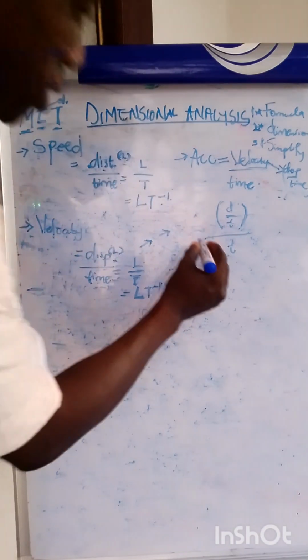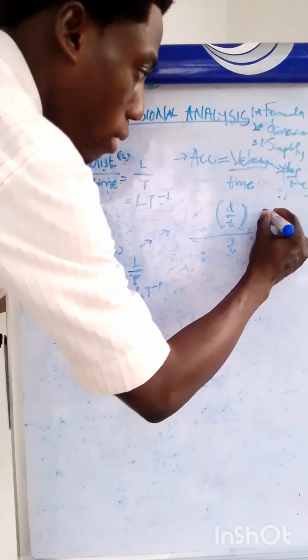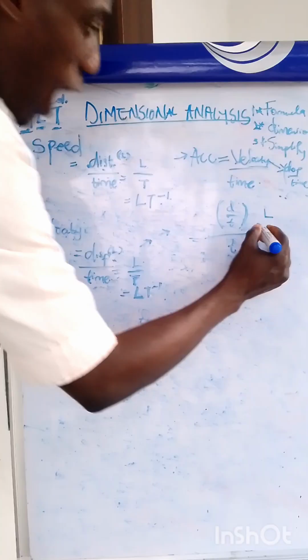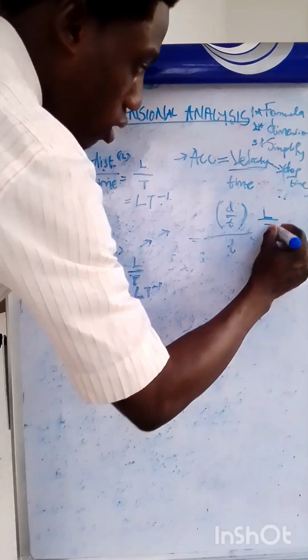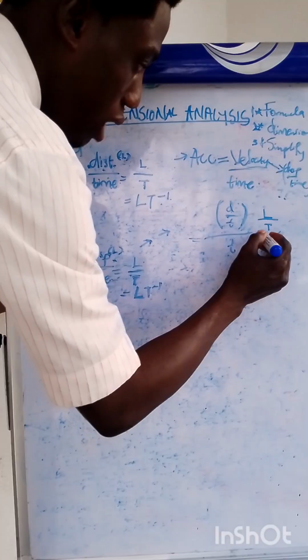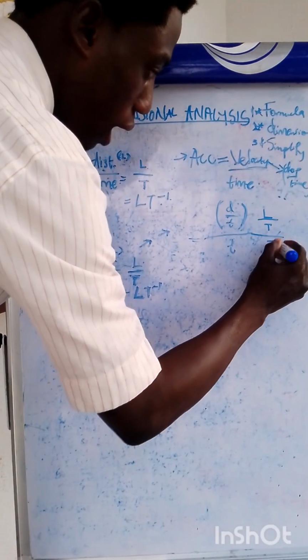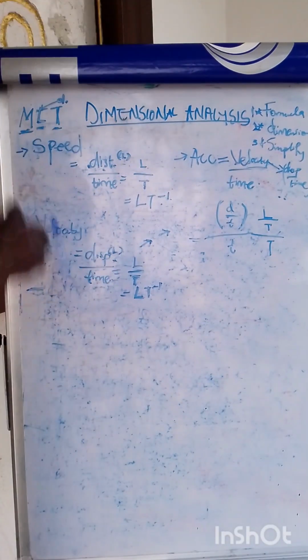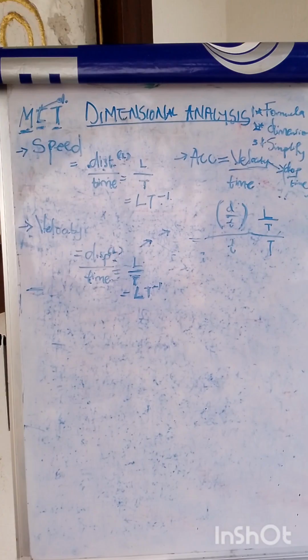That means your D here will become L, your time will become capital T, then your T here will also become capital T again. Now let's simplify. If T squared is going up, what will it become? Minus 2. Are you with me? Minus 2.